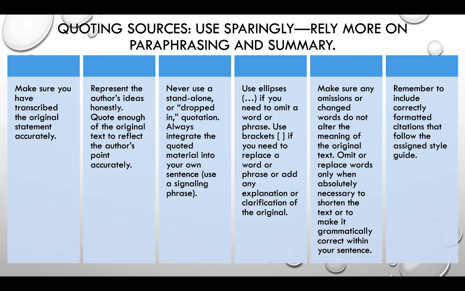But when you are quoting sources, make sure that you have transcribed the original statement accurately. Make sure that you're putting everything in there that is there and represent the author's ideas honestly. Make sure that you are quoting enough to reflect the author's point accurately.